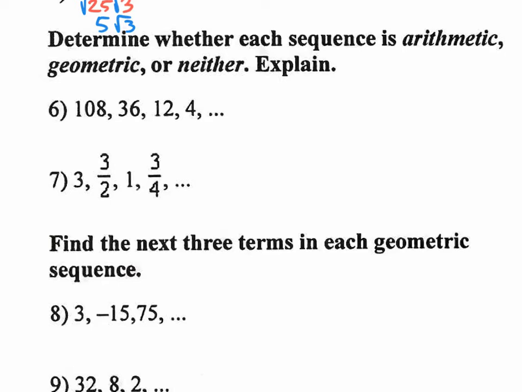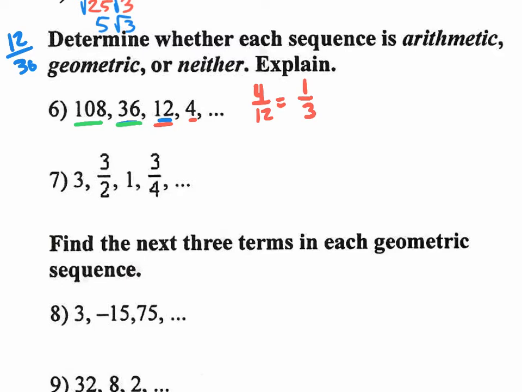So I'm going to take 4 and divide it by 12. 4 divided by 12, that reduces down to 1/3. So maybe my common ratio is 1/3. If I try 12 divided by 36, that also reduces down to 1/3, right? If I try 36 divided by 108, that also reduces down to 1/3. You could do it on a calculator.